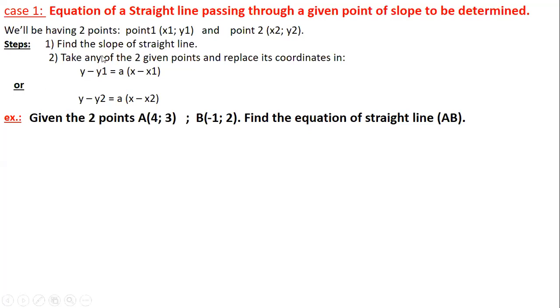So the first step in this case, Abbas, we should find the slope. Do you still remember the rule that we studied on how to find the slope of a straight line passing through 2 points?